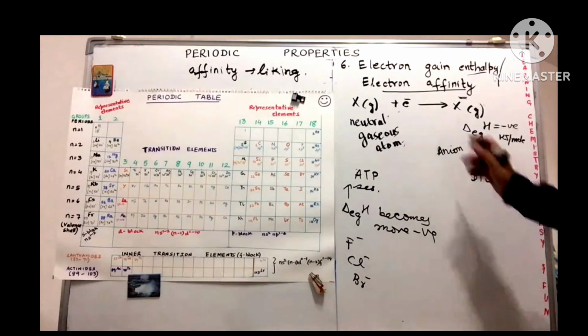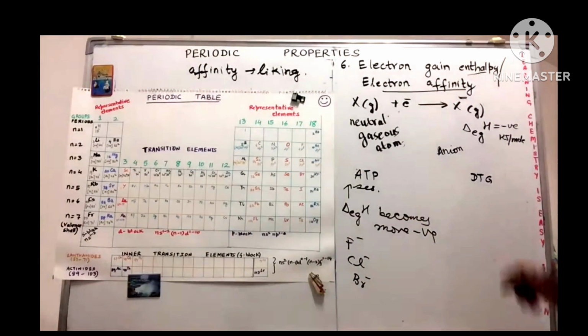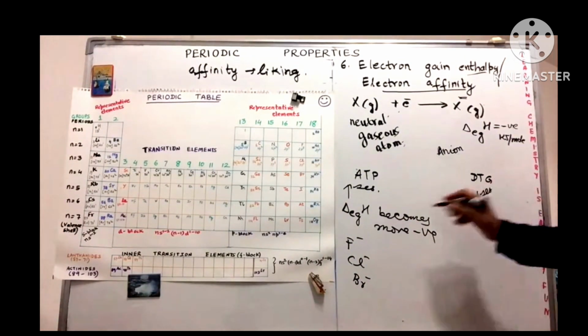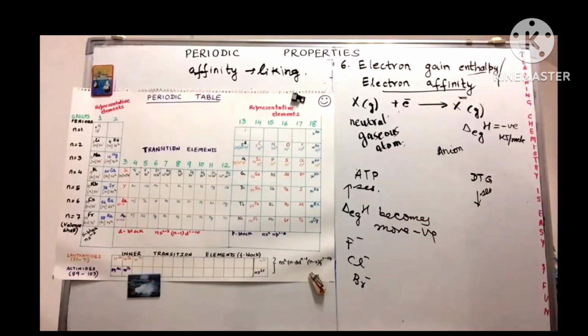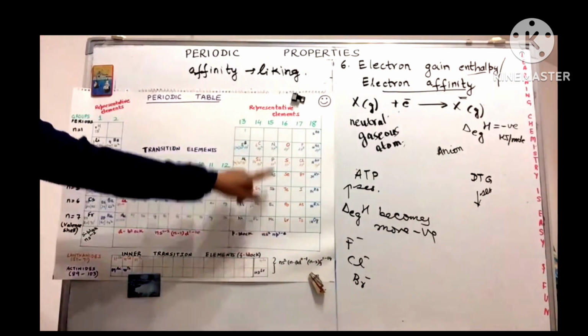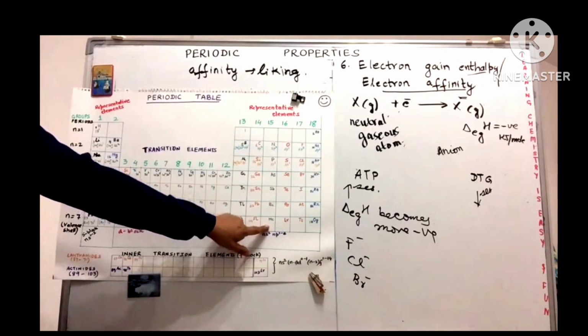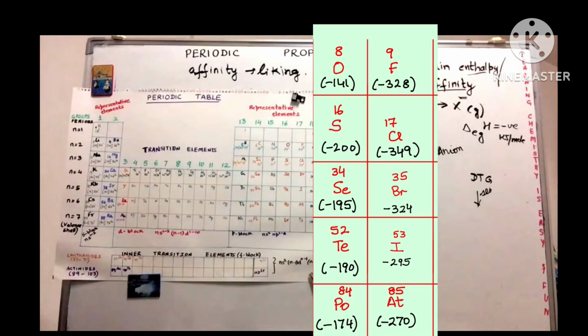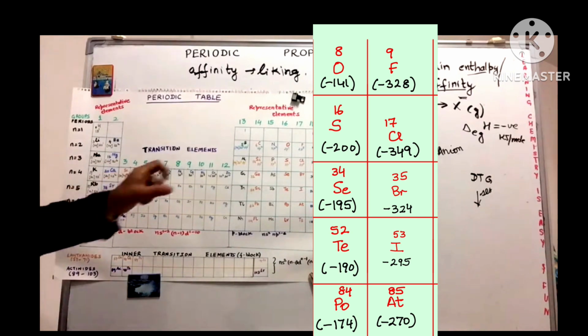Yes, down the group, because the atomic size is increasing, the electron affinity will actually decrease, or electron gain enthalpy will become less negative. That is why, if you notice in any particular group, as you are going down, the non-metallic character is actually decreasing. Yes, correct.